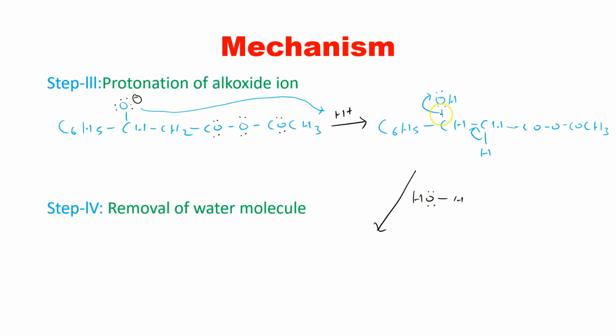So whatever the bond lone pair of electrons has been coming from a carbon has been utilized for the bond formation with a hydrogen. So one of the lone pairs of electrons will attack the hydrogen and it will form a bond and it will give a water molecule. So this happens after heating, right? As we have seen, the temperature has been required, and we get the molecule further.